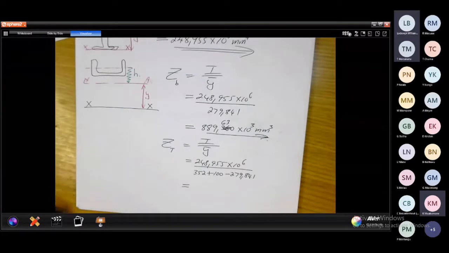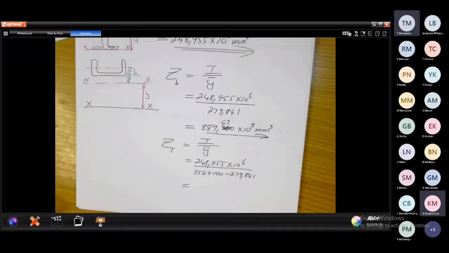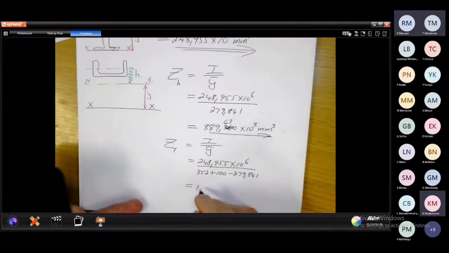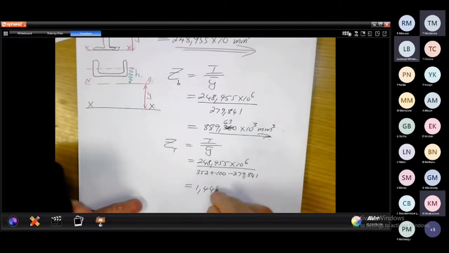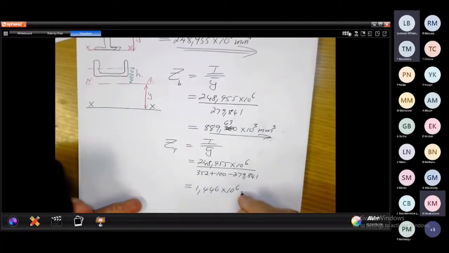All right, the next one. 1.446 times 10 to the power 6 millimeter cubed.